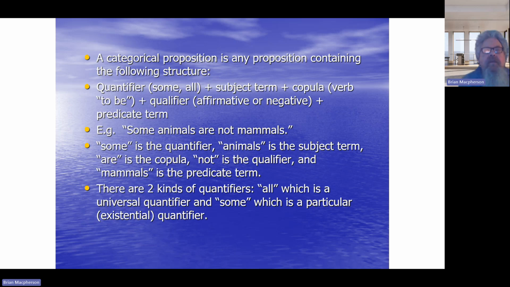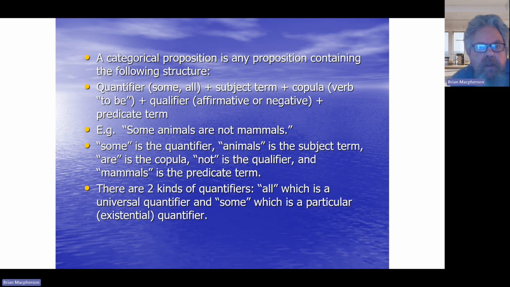And remember that I said it's kind of analogous to DNA, with the four nucleotides that make up DNA molecules, right? Same thing with the categorical proposition. You have four kinds. Each categorical proposition contains a quantifier, a subject term, the verb to be, a qualifier, if applicable, and a predicate term.